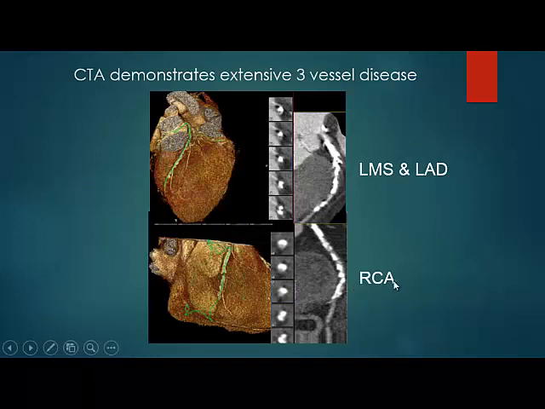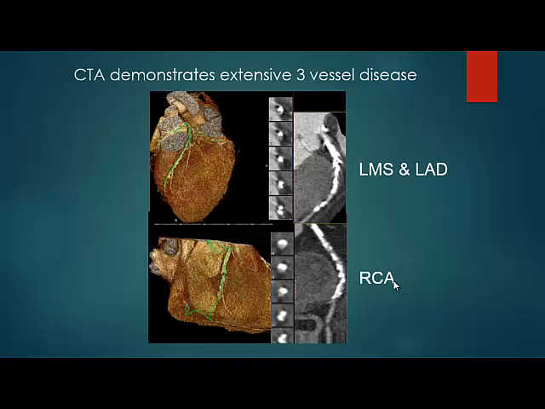Okay? So these patients, if you do a stress imaging test, could have relatively normal perfusion throughout their myocardium, because stress perfusion techniques are relative techniques. So you could miss perfusion defects because of balanced ischemia from three-vessel disease.